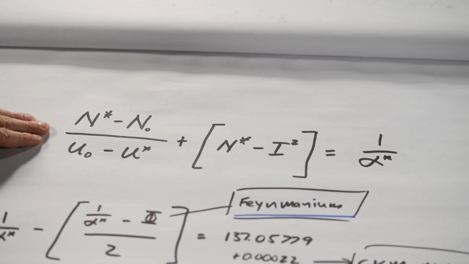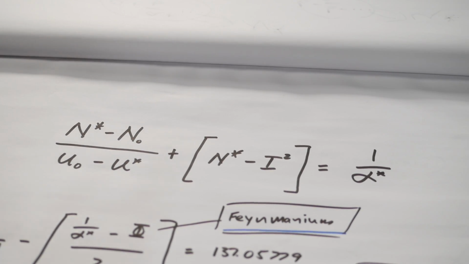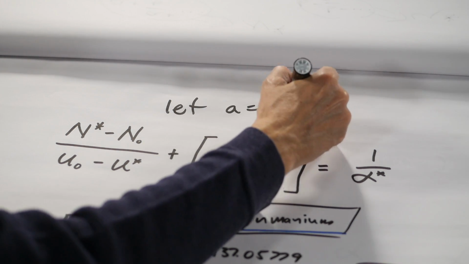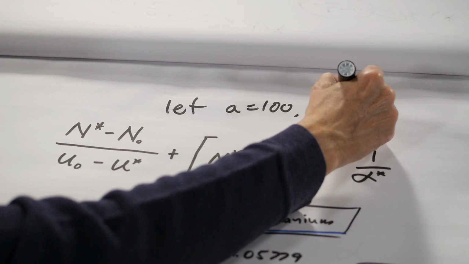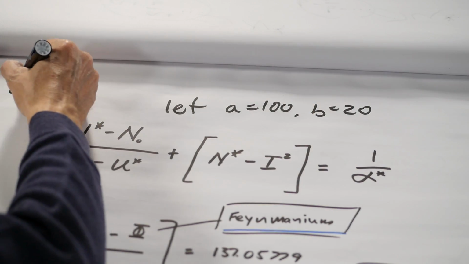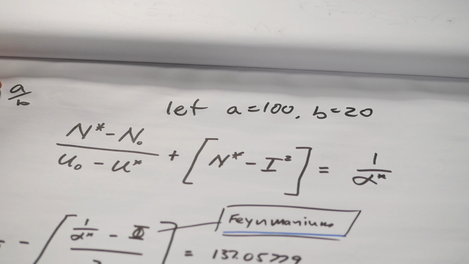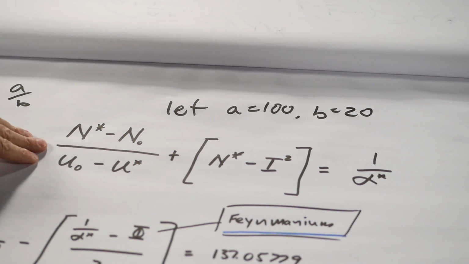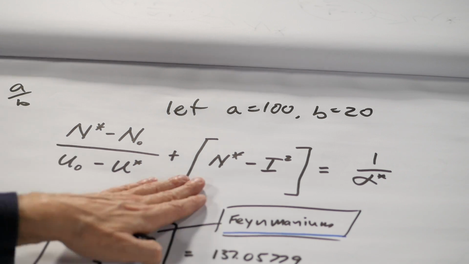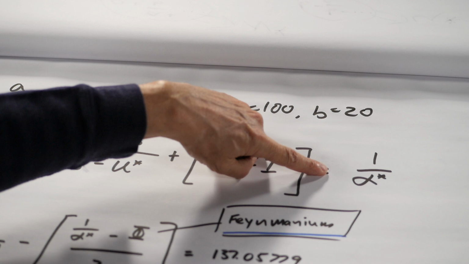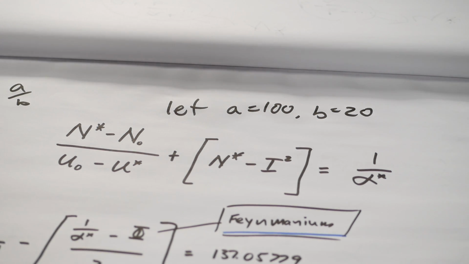So if we took a particular value where we let a equal 100 and b equal 20 for a over b, where we derive the continued fraction, when we take the correction component and add it to n star minus i squared, we end up getting a very close approximation to the fine structure constant.